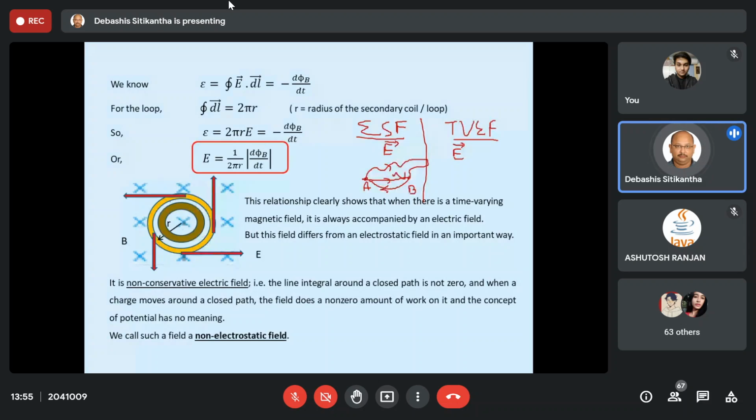This is known as the fundamental of your electrostatic field, and this is a conservative electric field. That means over here, if you are taking a charge from one point to the other, it is absolutely independent of the path taken. But if you are taking the particle back to the starting point, then the total work done is 0.